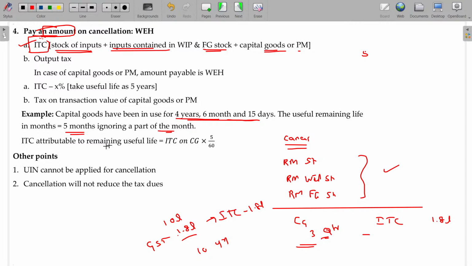In this case, ITC attributable to the remaining life being whatever ITC you claimed, 1.8 lakhs into 5 by 60. What about that 60? Usually the effective life may be taken as 5 years. Find out the 5 years, 5 months value, 5 by 60.